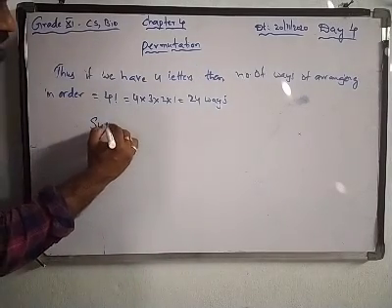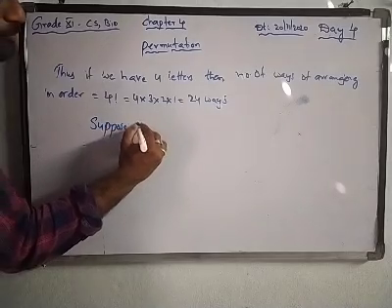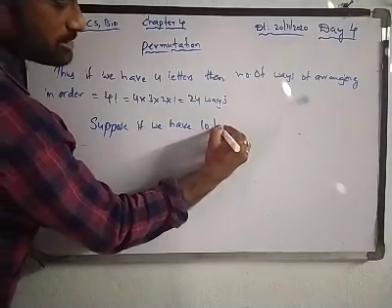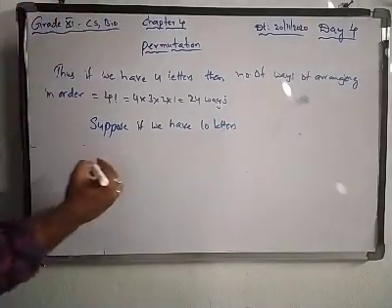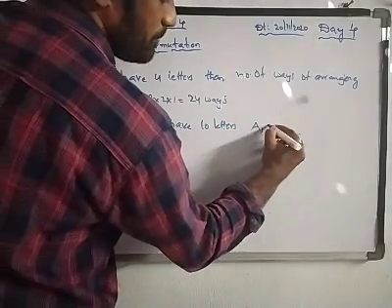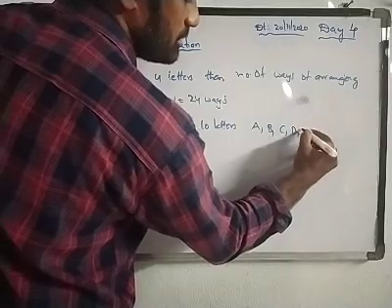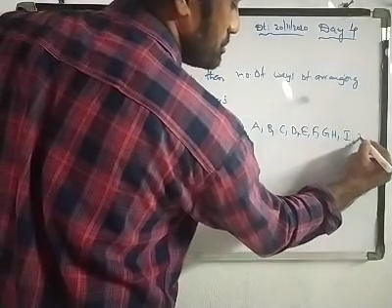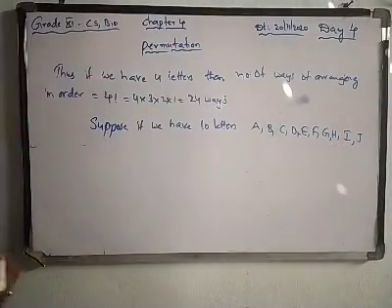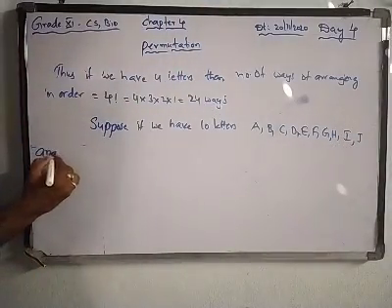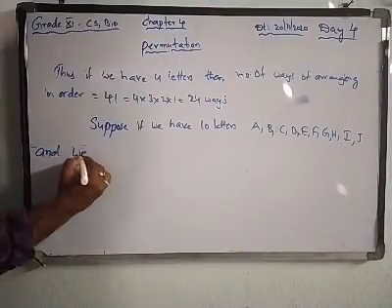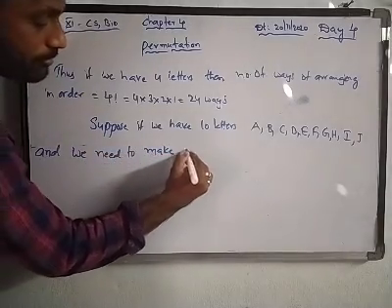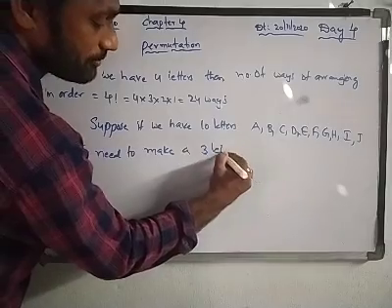Now let us take, suppose we have 10 letters: A, B, C, D, E, F, G, H, I and J. These are the 10 letters I have, and we need to make a 3-letter string.